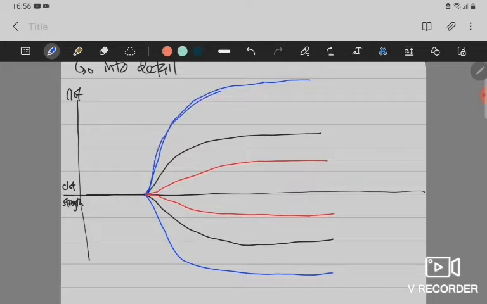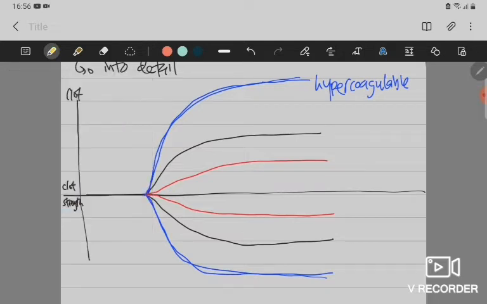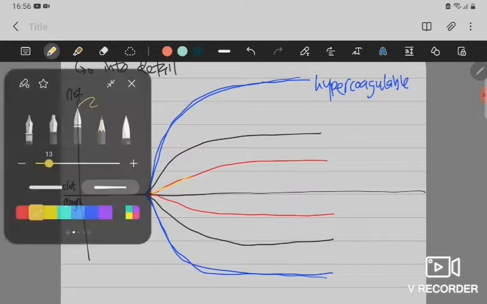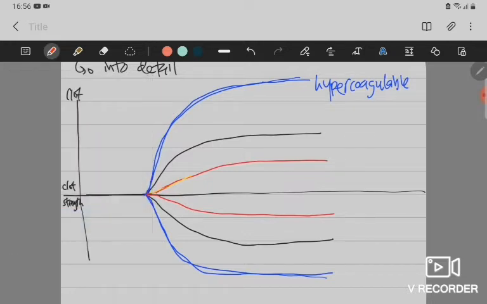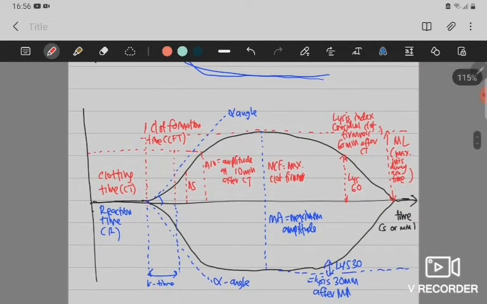The more it curves outward, the more hypercoagulable it is, but the more narrow it is, the more hypocoagulable. Okay, so we go into detail.